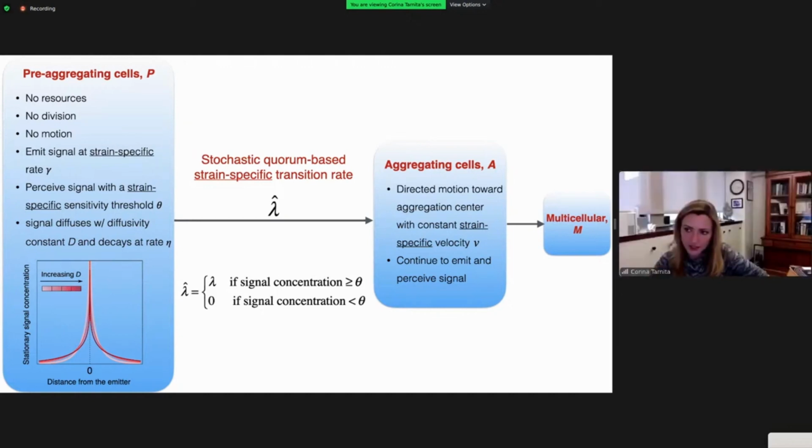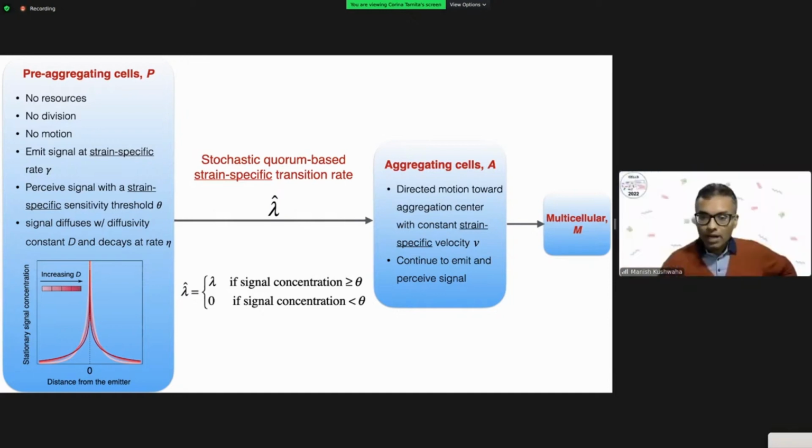I'm sorry, I lost something there. You mean, so here we have 4 parameters that are strain specific: the rate at which they emit the signal, the threshold for perceiving the signal, the rate of stochastic decision making, and the velocity. So all the 4 parameters are strain specific. Sorry, I did not realize that. I thought it was only the sensing threshold that was strain specific.